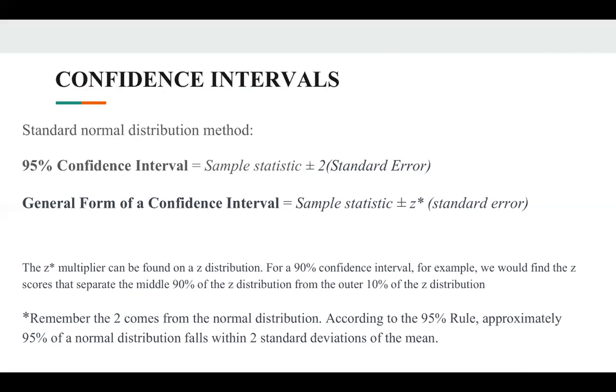So you have to find the z-score that represents the percentage that you're looking for. It would be around 1, 2, or 3, depending on what you're looking for. That's why for 95% it'll be 2, because that's the z-star that we use for a 95% confidence interval.